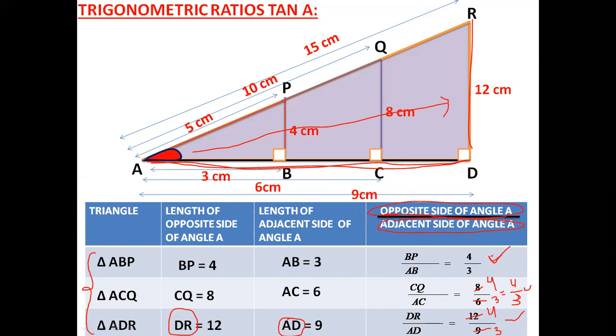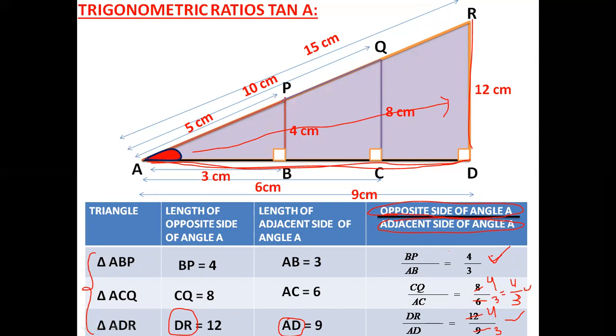That constant is called tan of that angle A, tangent of that angle A. So here we can conclude that the ratio of opposite side of angle A and adjacent side of angle A in all similar right angle triangles is constant.